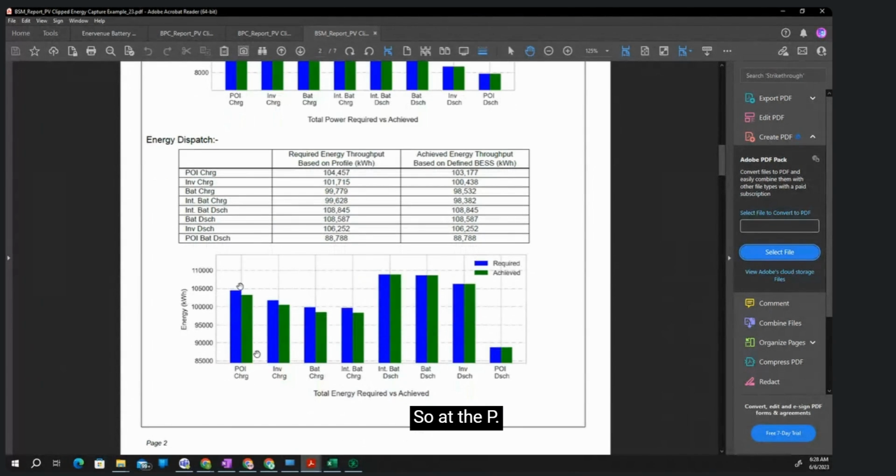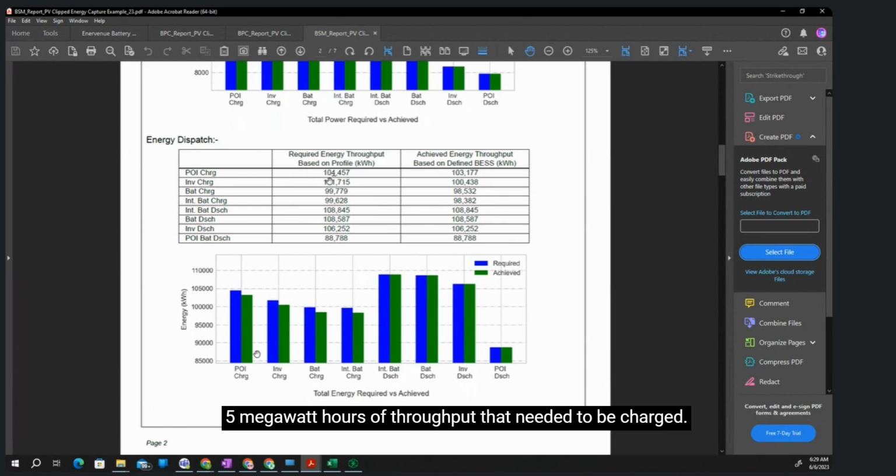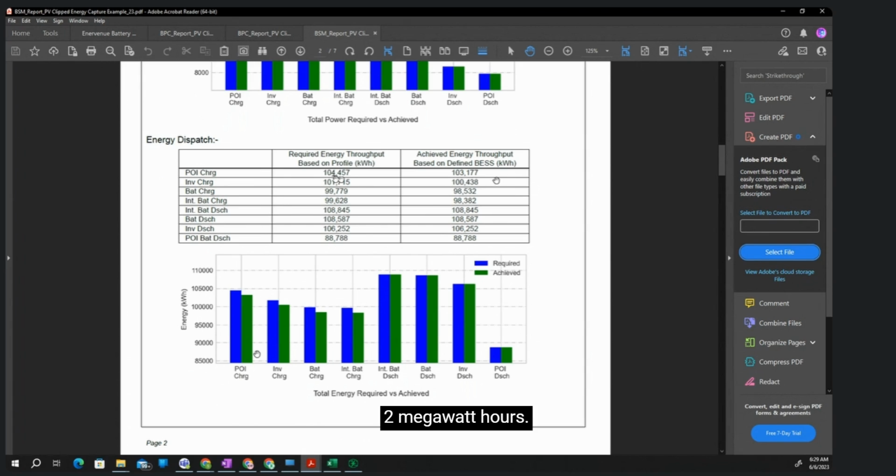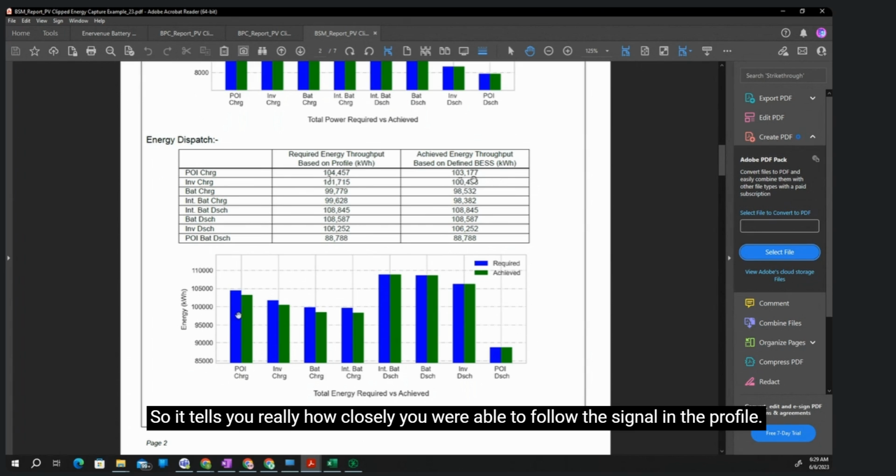At the POI, our POI profile had 104.5 megawatt hours of throughput that needed to be charged. Out of that, we were able to charge 103.2 megawatt hours, right? So it tells you how closely you were able to follow the signal in the POI profile.